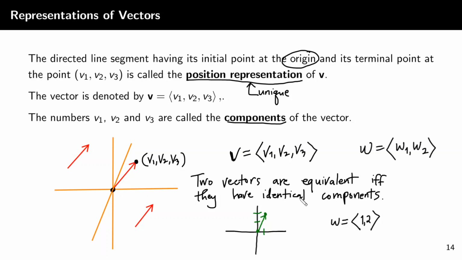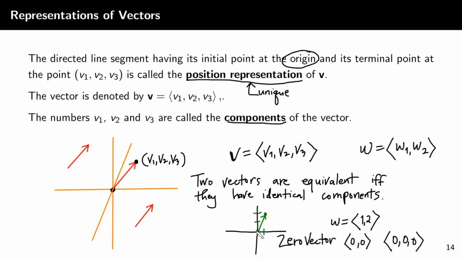Now we also have the zero vector. In two dimensions, we have two components, both of which are 0. And in three dimensions, we have three components, all of which are 0. So what is the magnitude of the zero vector? Well, it will be 0.